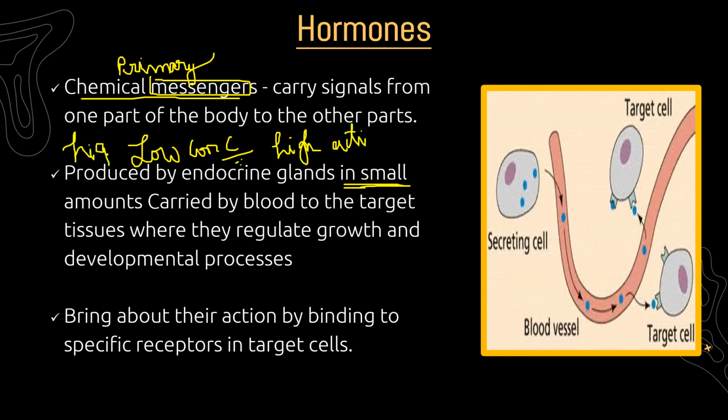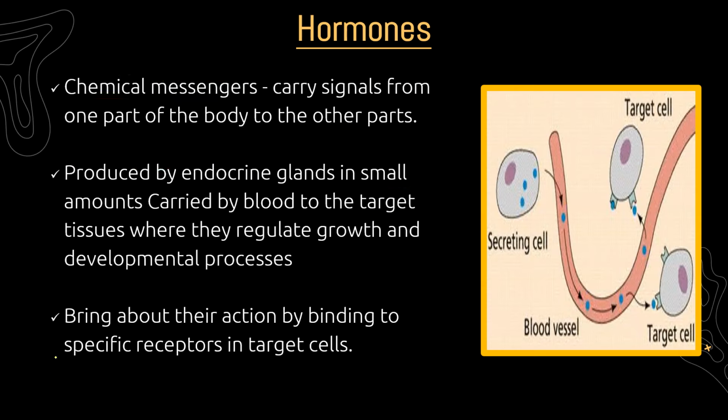If the concentration becomes high, the activity becomes low, and it may cause toxicity also. Any hormone, whether it is a plant hormone or an animal hormone, friends, if the hormone wants to show its better action, it is very important that the hormone is released only in low concentration. Such an important statement it is.